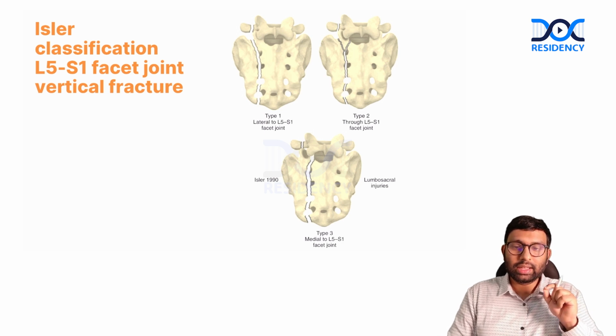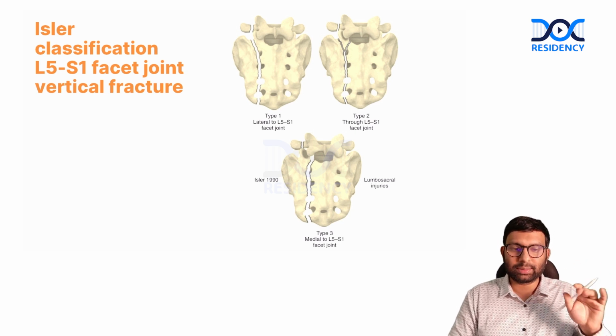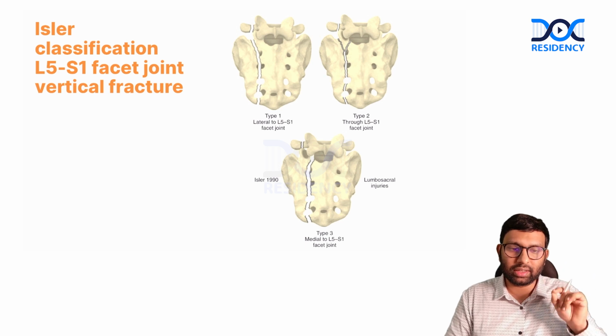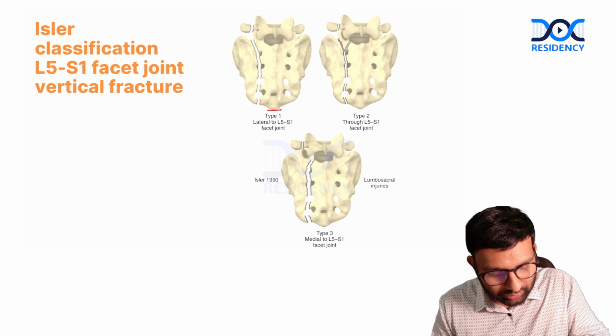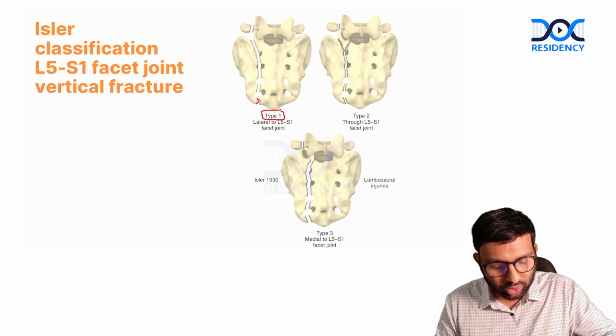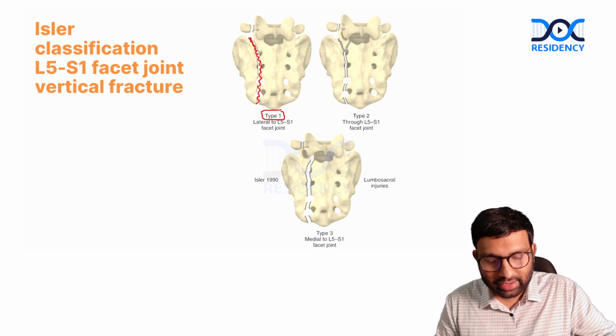And that is why there was a new classification system made called the Eilers classification, which does not talk about anything else but lumbosacral stability. Where is the fracture affecting the L5-S1 facet joint? So look at this. This is type 1. In type 1 Eilers, what happens is the fracture goes through the foramen, like you can see here, but it goes lateral to the L5 facet.